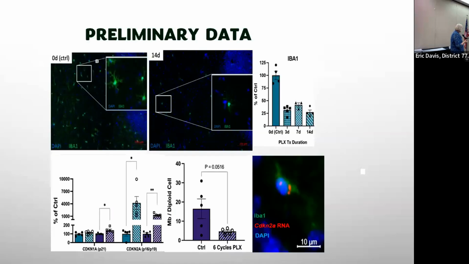And of course, we have a little bit of information that this is a feasible approach. So this is a microscope slide of the microglia, artificially colored with this green color. And in the control condition, you can see that there are these green cells. You might be able to see that they have little processes coming off them.